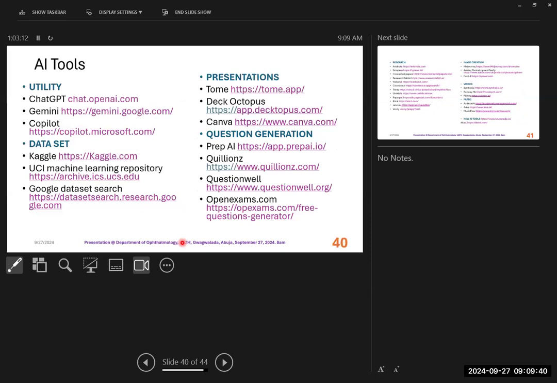Then AI tools. I have a list of AI tools that when you interact with them, you can go places. But what I would advise every one of us is that when you use AI tools to generate information, you must own up. Let's say you use it to write an article.